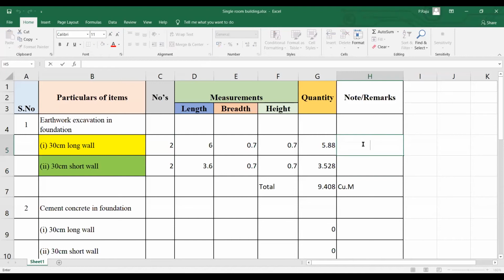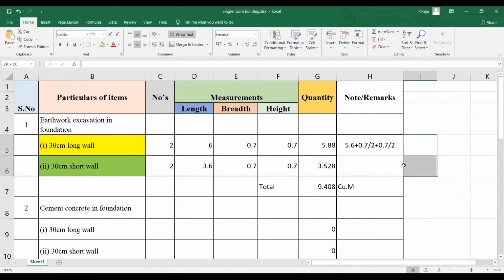Here also we can write like this: center to center line length of long wall is 5.6 meters, 5.6 plus 0.7 by 2 plus 0.7 by 2. This thing we need to write.